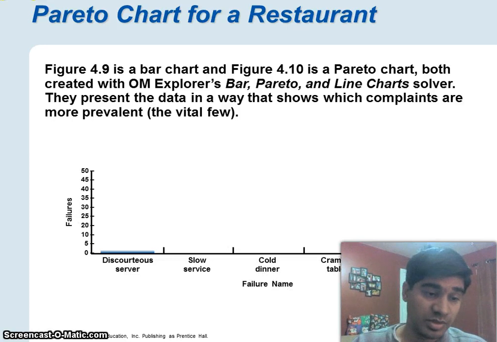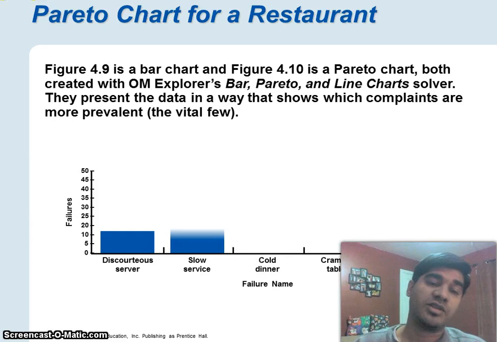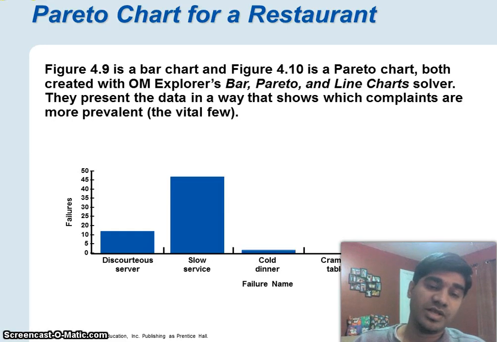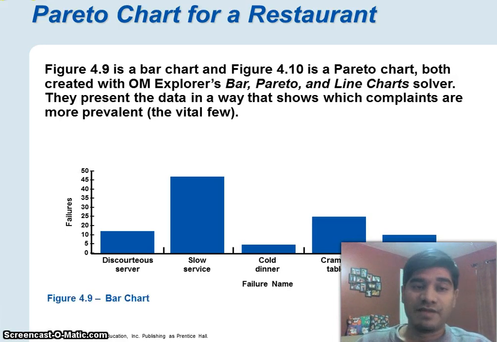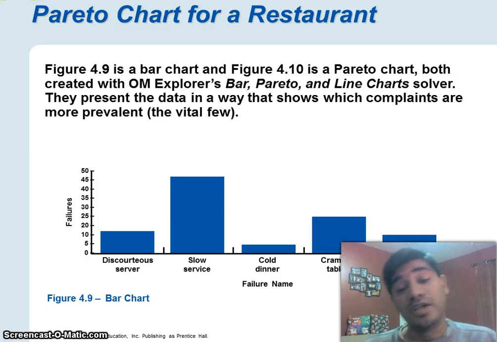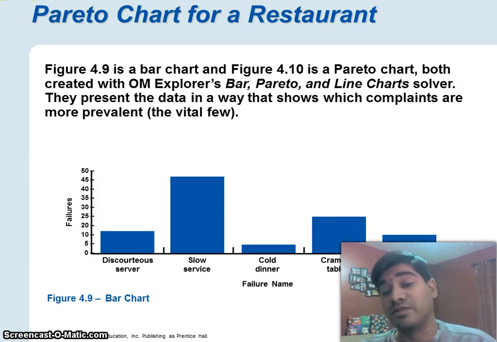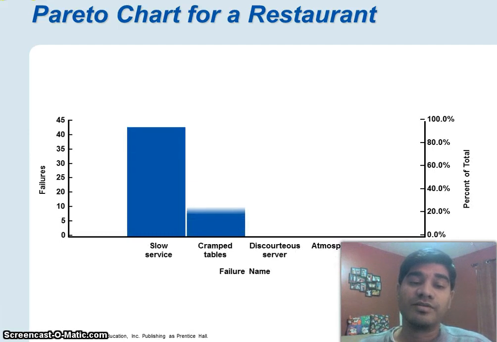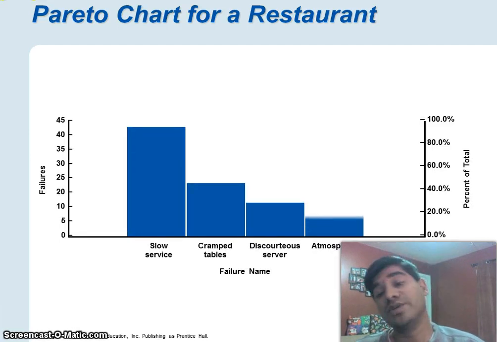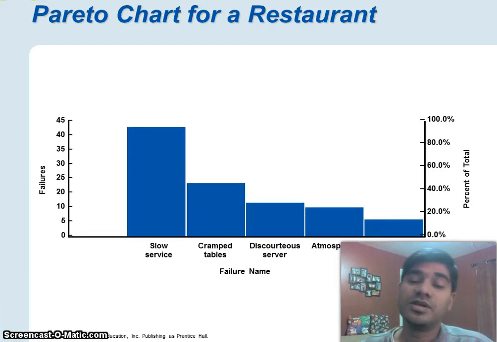So here's what he did. He found out how many failures there were for each problem. You see, discourteous server was the medium, 10 or 11 points. He had slow service, which was the most significant. And then he had cold dinner, and then cramped tables and atmosphere. Now these were ranged from the highest to the lowest with a cumulative frequency.